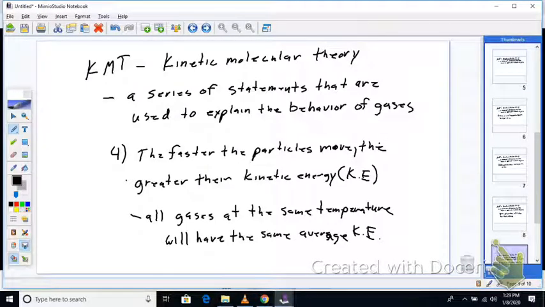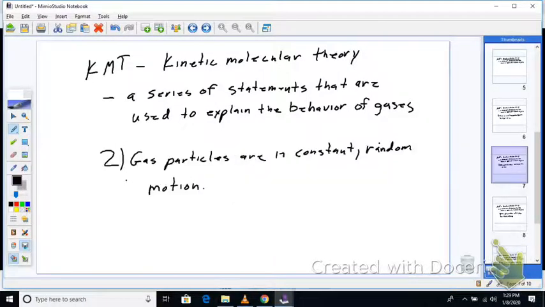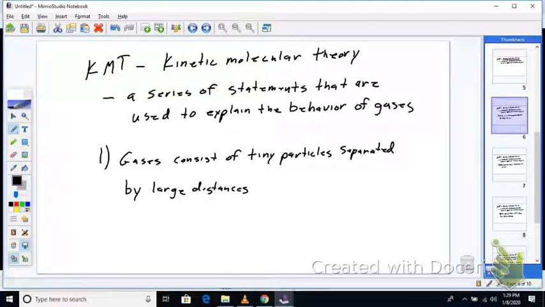So, a theory explains the behavior of gases. This is really simple. Gases are tiny, and there are big spaces in between them. That's why you can take a gas and compress it.